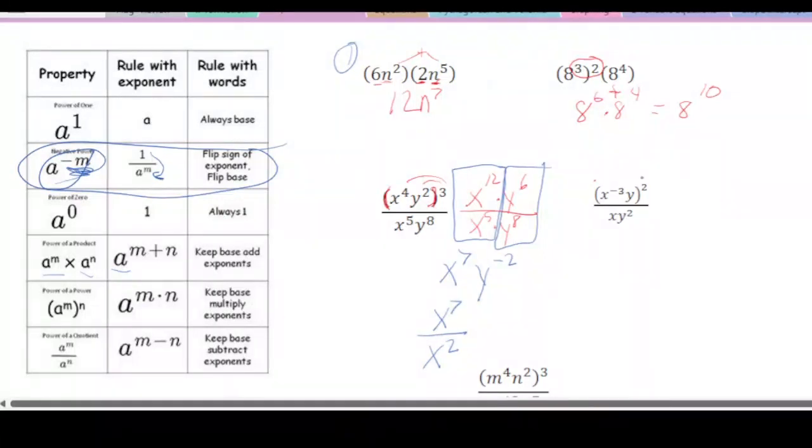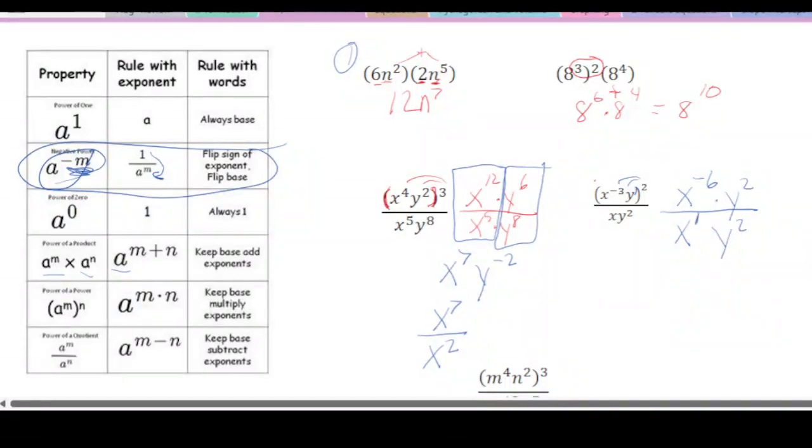Okay, so same thing with this one. I'm going to start off by distributing that power rule. So negative 3 times 2, that's going to give me x to the negative 6th times y to the 2nd power. And that's because, remember, this is y to the 1st power to the 2nd, and 2 times 1 gives me 2, over x, and I'm going to put x to the 1st just as a reminder that when there's no number there, that is a 1 as my exponent, y squared.